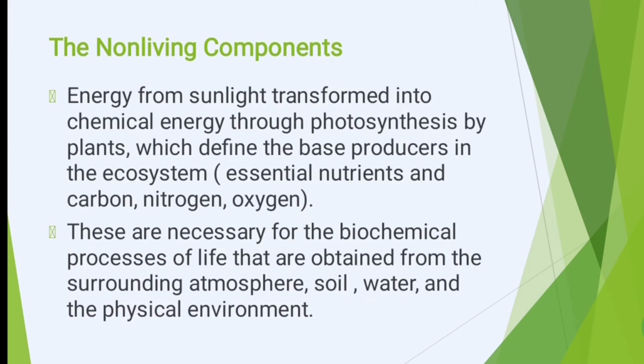Energy from sunlight transforms into chemical energy through photosynthesis by plants, which define the base producer in the ecosystem. Essential nutrients, carbon, nitrogen, and oxygen, are necessary for the biochemical processes of life and are obtained from the surrounding atmosphere, soil, water, and the physical environment.